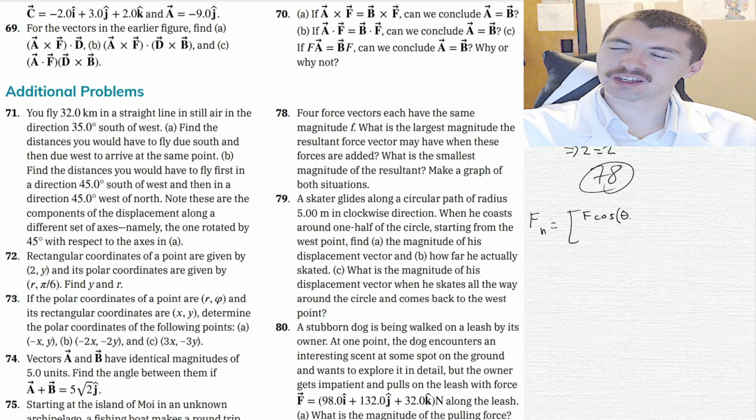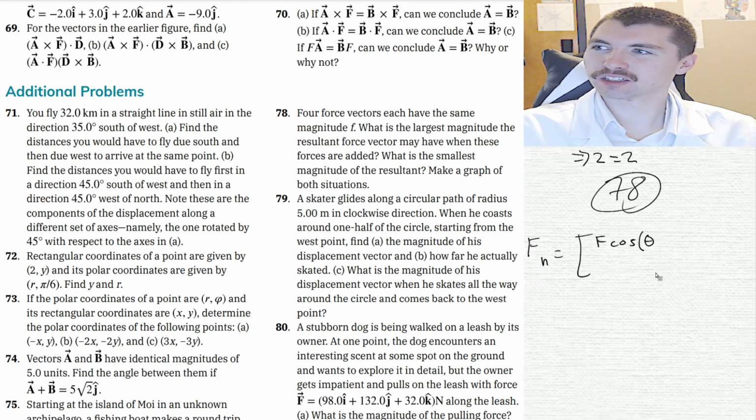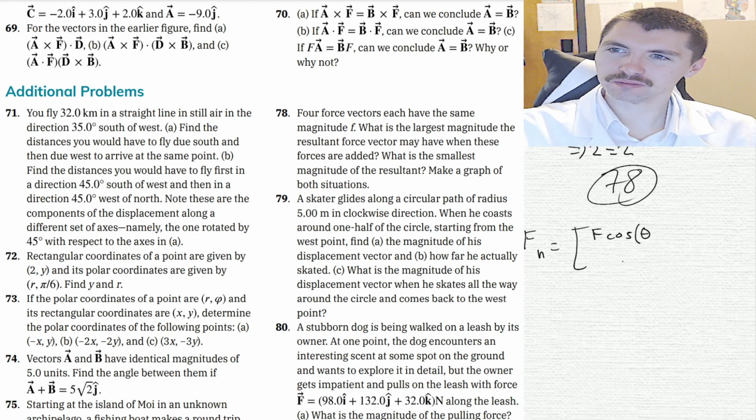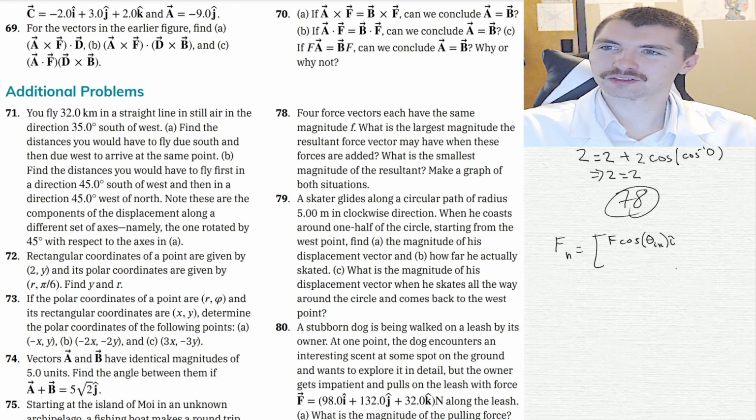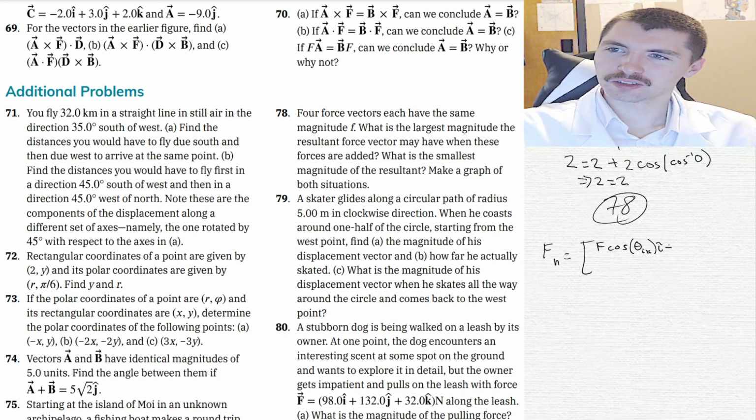I want this subscript to kind of vary. So we're going to do i k plus f sine ik.